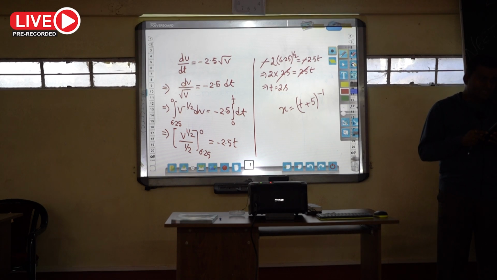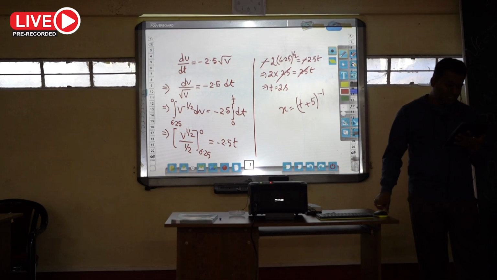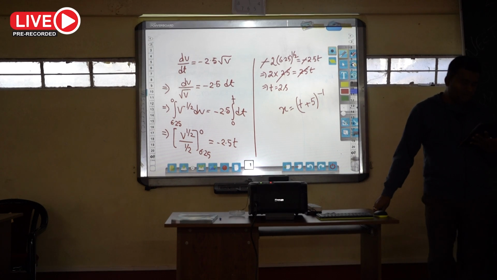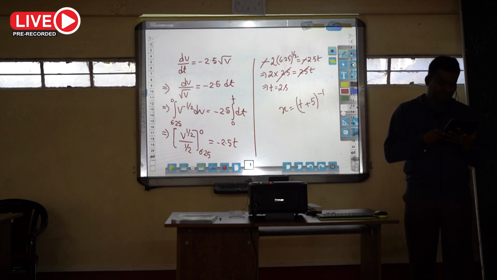Option C, distance to the power minus 2. Option D, velocity to the power 2 by 3.